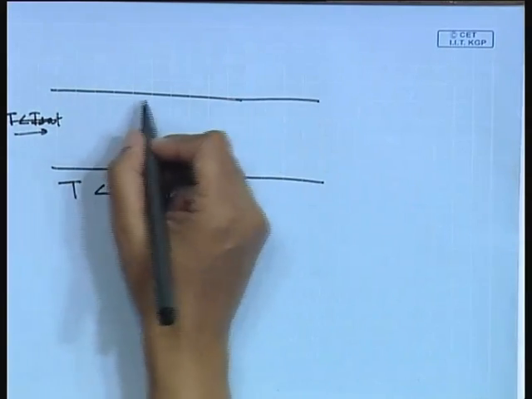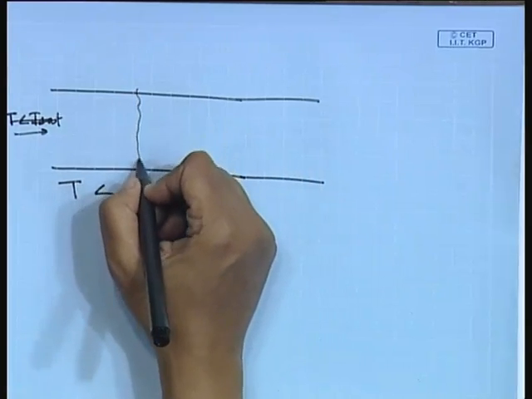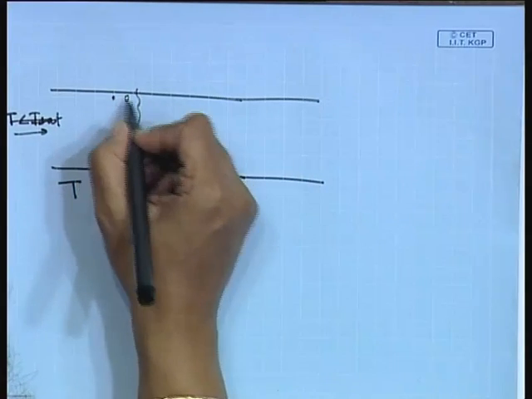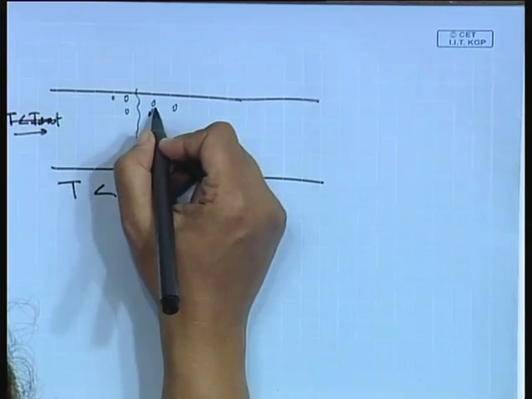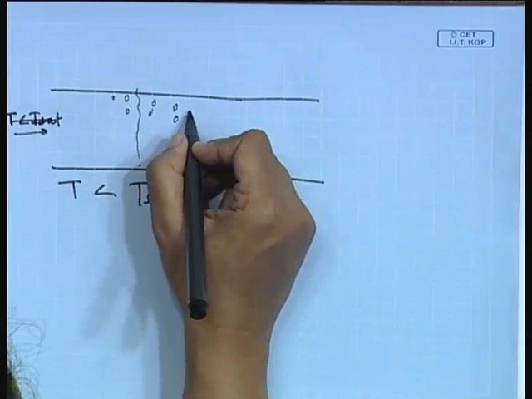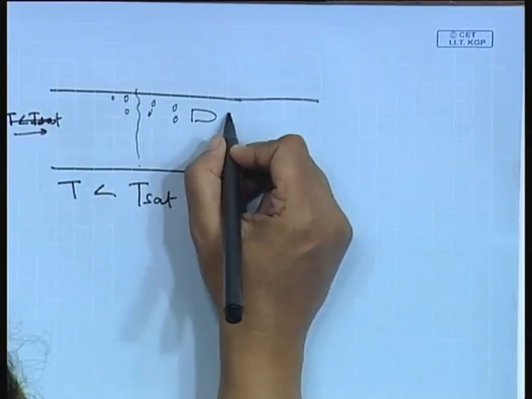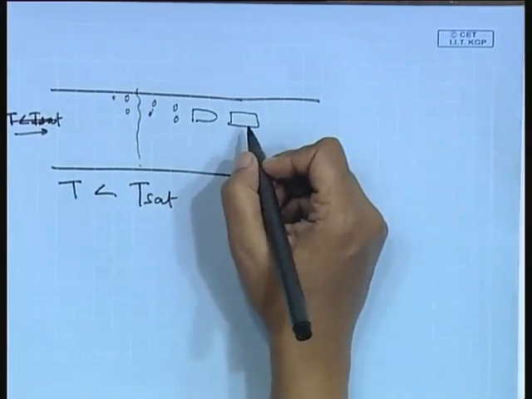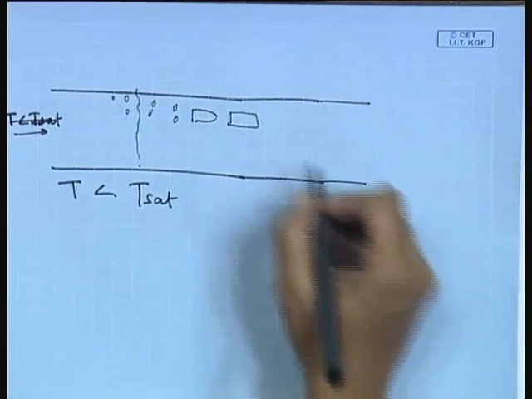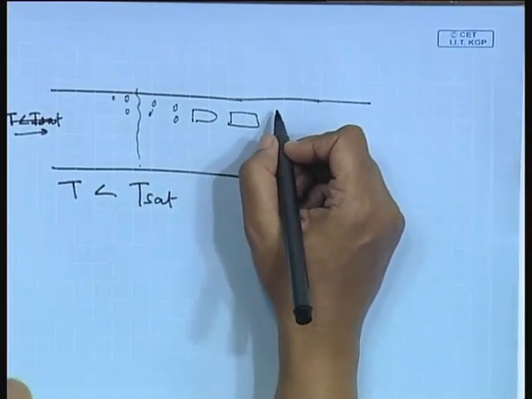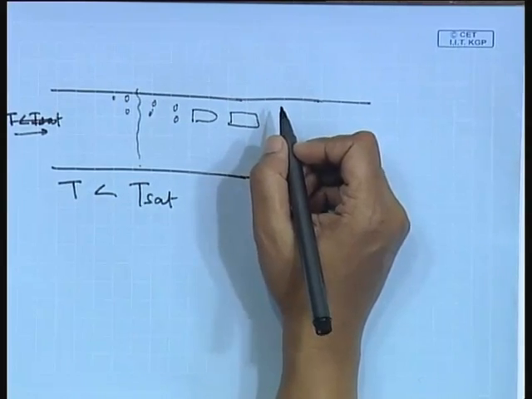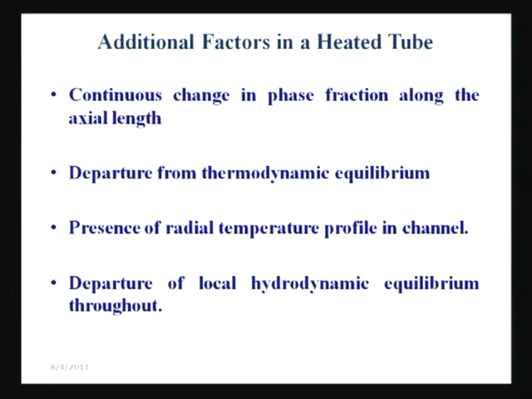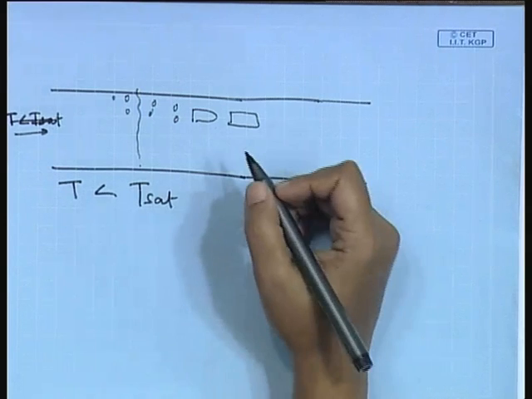We start with pure liquid till a particular portion, and then gradually the vapor bubbles start to come, they gradually detach from the wall, and then they start flowing, and then gradually they become more and more elongated, just like slug flow sets in. Due to asymmetry, there will always be a tendency of the vapor phase to be on the upper portion and the liquid phase to be on the lower portion.